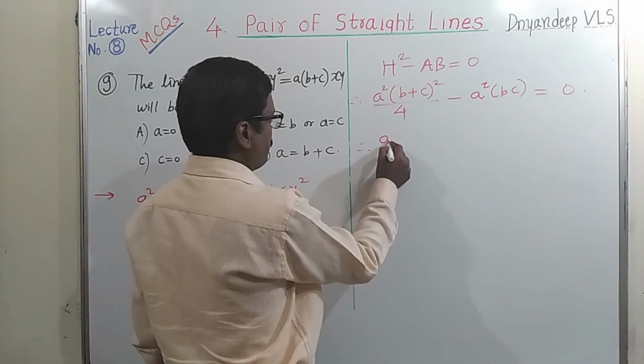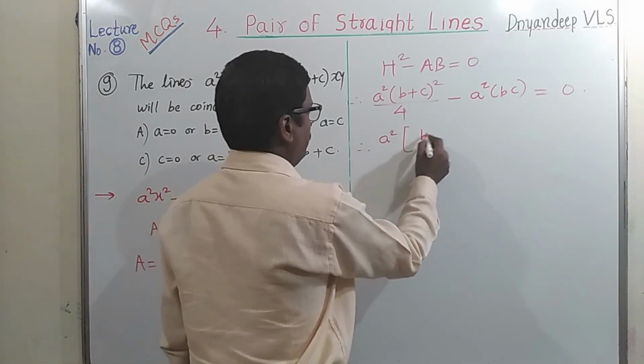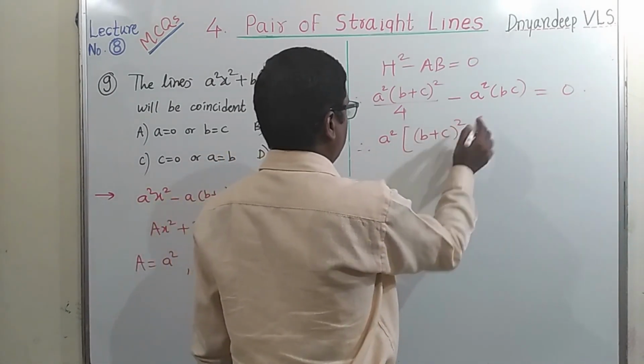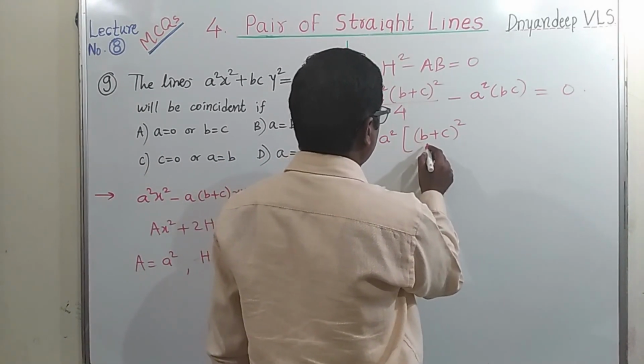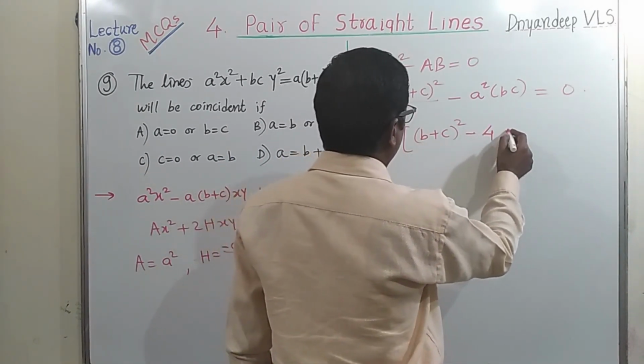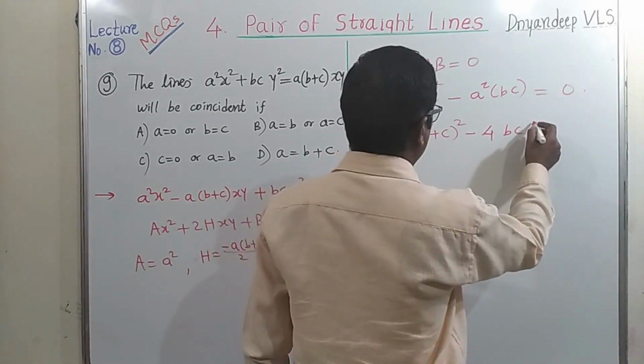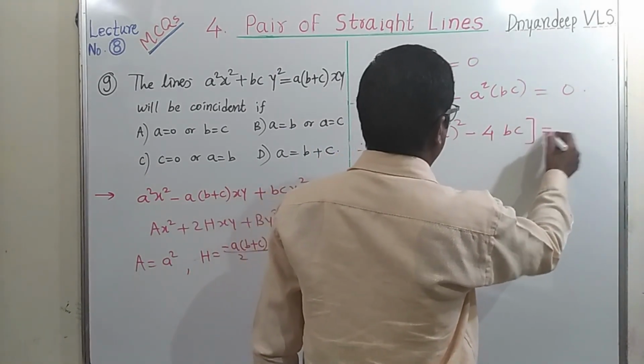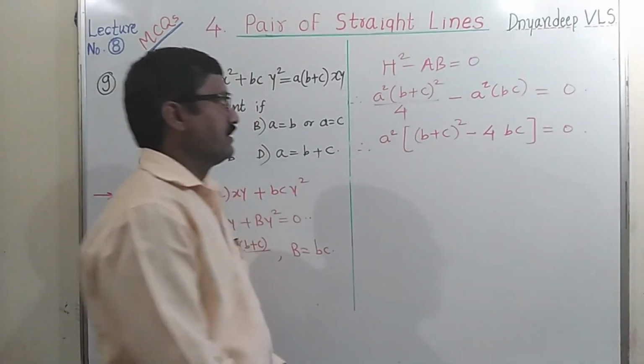Therefore, a square into (b plus c) whole square minus 4 times bc is equal to 0.